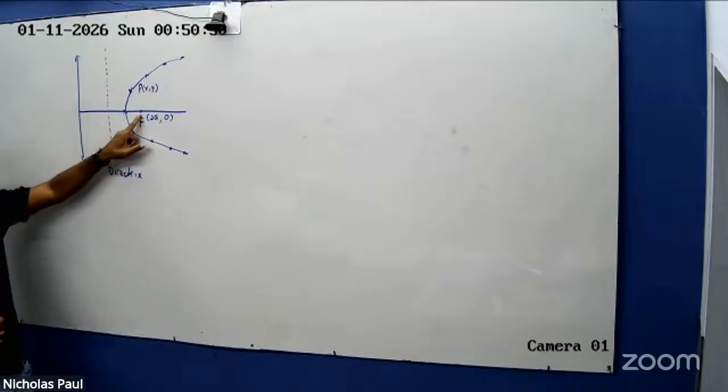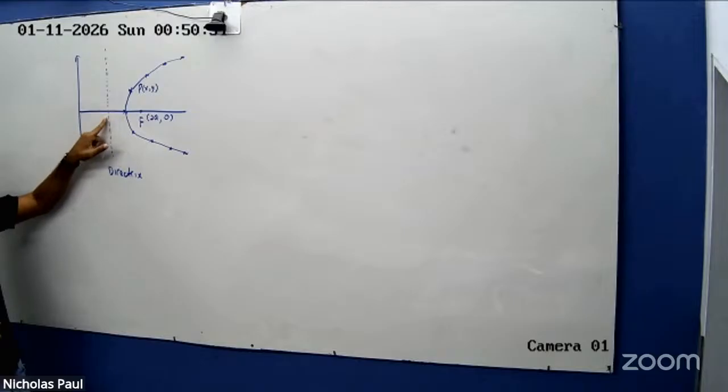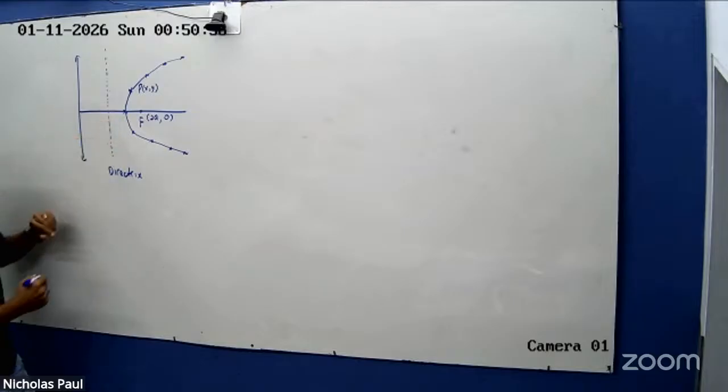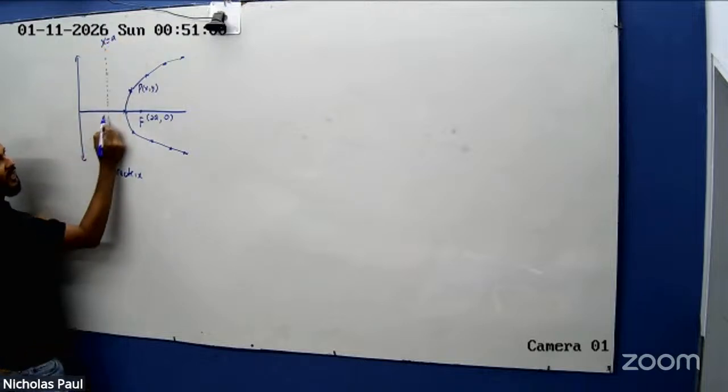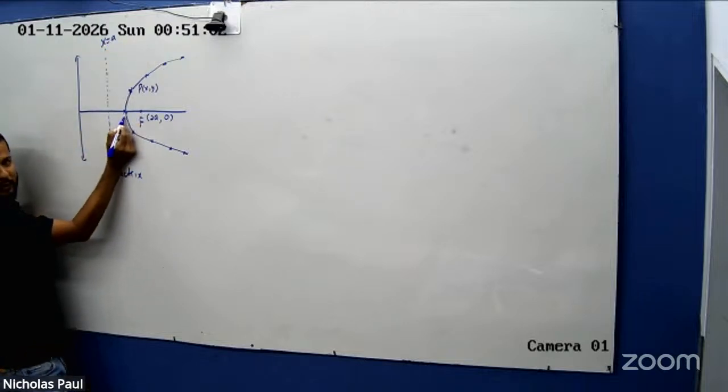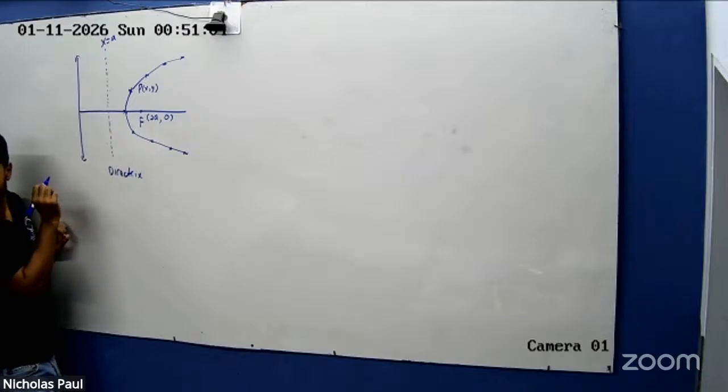If this is 2a, and this is in the middle, it would probably be a. So we could say that the equation here is x equals a. Here's a, here's 2a, and here's in between. Everybody okay with that?